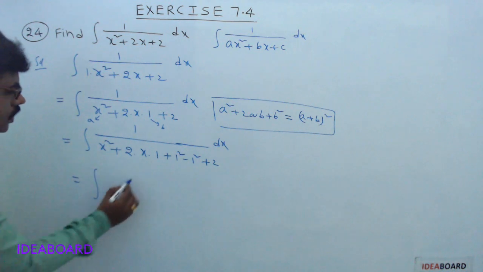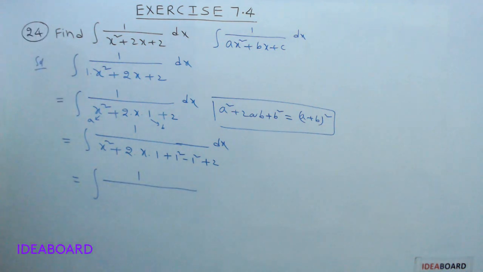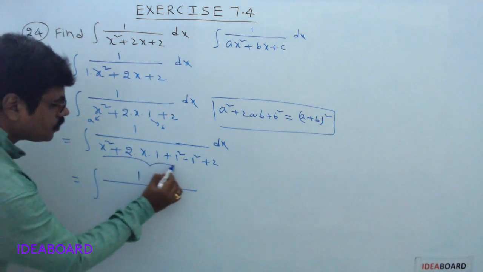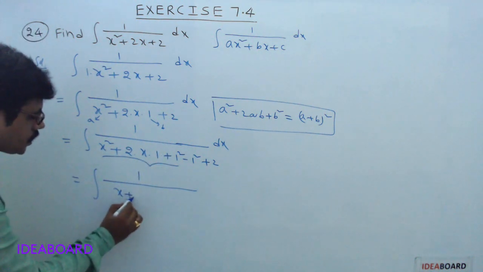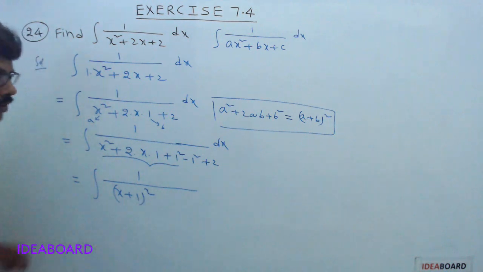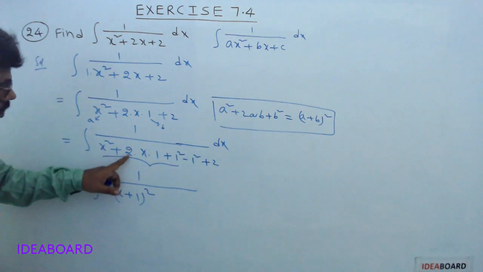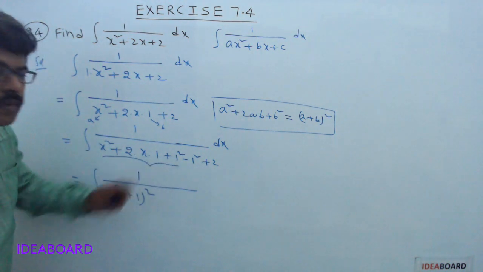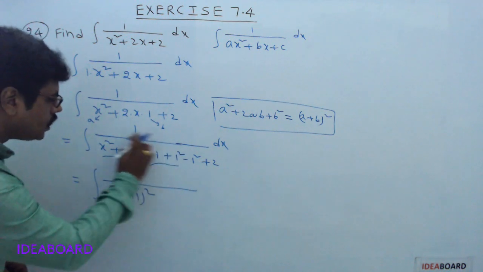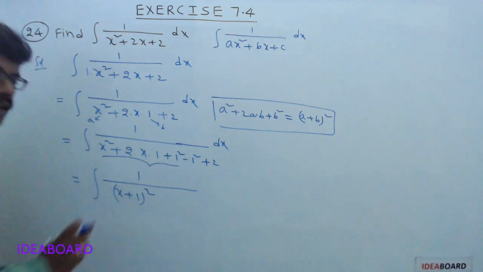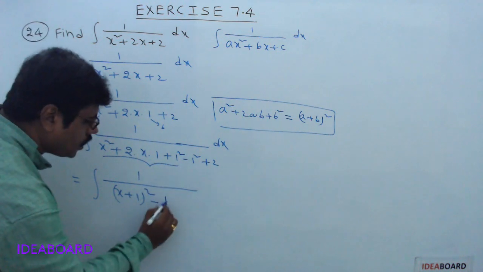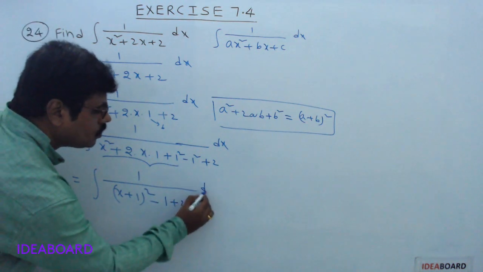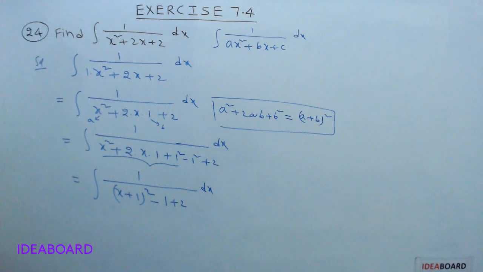Now this is equal to integral 1 divided by the combination of these three terms can be taken as x plus 1 whole square, a square plus 2ab plus b square. So these three terms can be taken as x plus 1 whole square minus 1 square plus 2 dx.